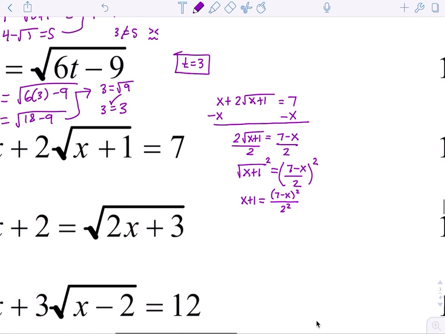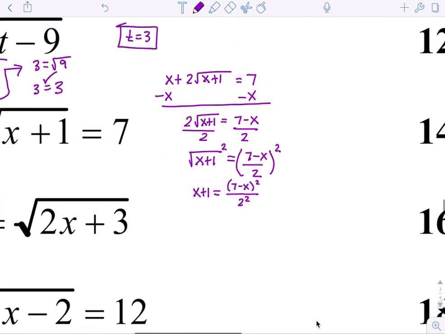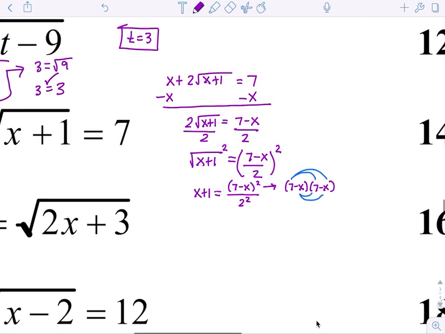If you guys need a refresher, 7 minus x squared, you guys, that's this. So you gotta do all this stuff. So what you're actually gonna get is 7 times 7 is 49, 7 times negative x, negative 7x, negative x times 7, negative 7x, negative x times negative x, x squared, all over 4.